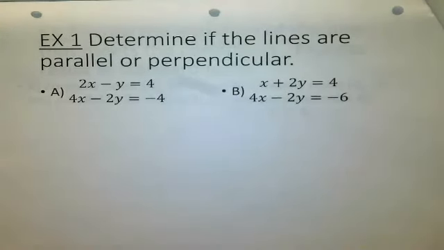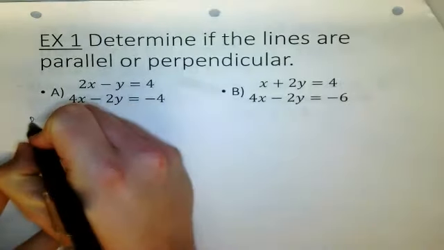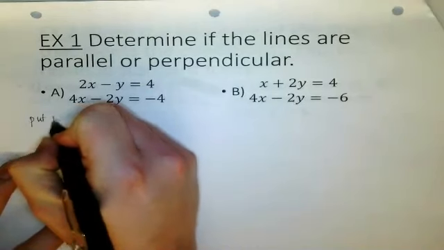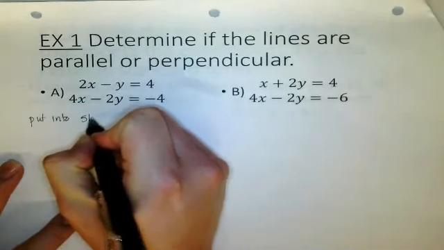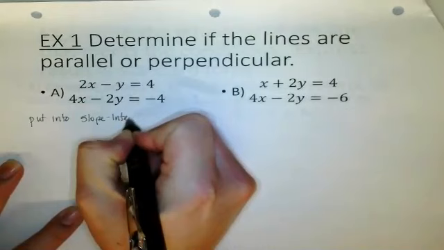Standard form. Standard form where the x and the y are on the same side. So how are we going to figure out if these lines are parallel or perpendicular? Put it into slope-intercept form? All right, we can do that. Put into slope-intercept form.